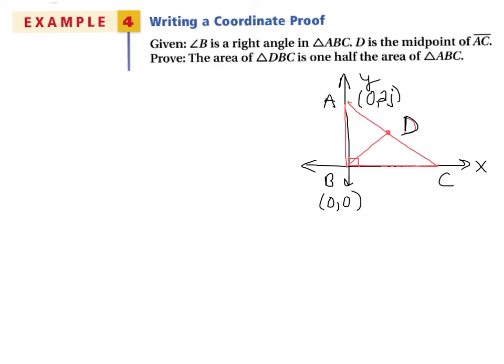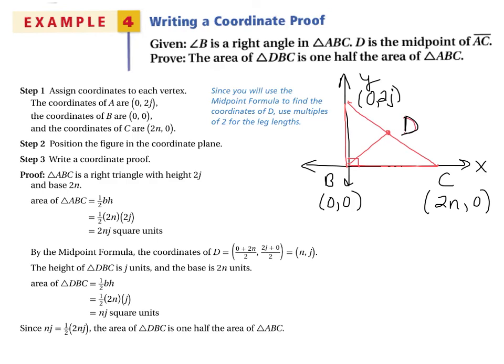We can't actually say 0, 2 because we don't have a number, so we have to let it be a variable. You could have said 2x or 2y, or you could have said 14y or 3y. You can let it be whatever number you want, but I'm using a multiple of 2, so it's easier to do calculations with it. So C, let's do 2n, 0. And then D we don't know.